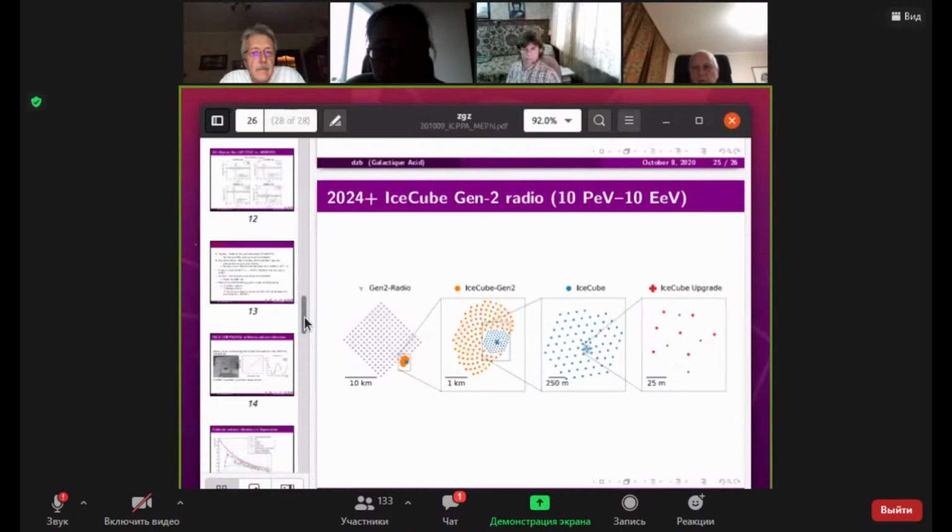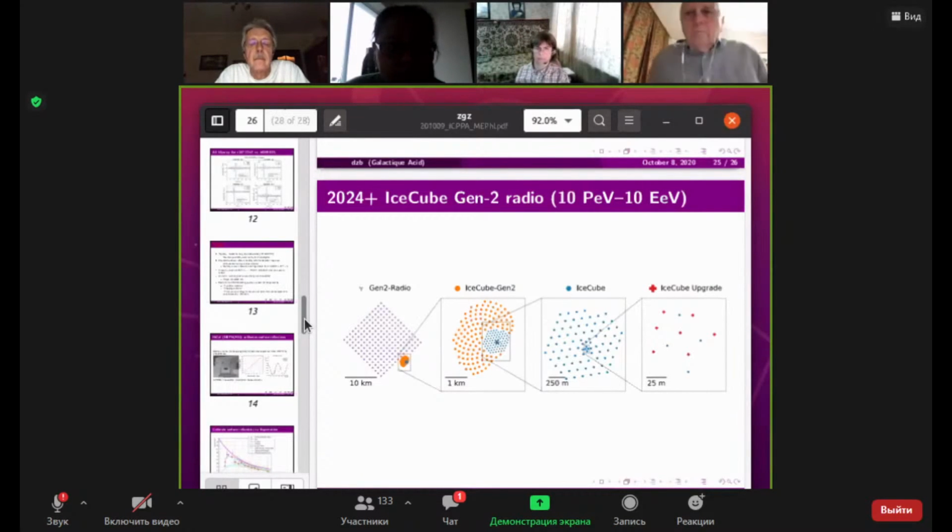So we know the arrival direction very well, and we can tell whether or not the interaction happened, for instance, in the atmosphere, because the horizon relative to the balloon is at an elevation angle of about 6 degrees relative to the horizontal. So at an altitude of 38 kilometers, you look down, and the horizon is 6 degrees below horizontal.